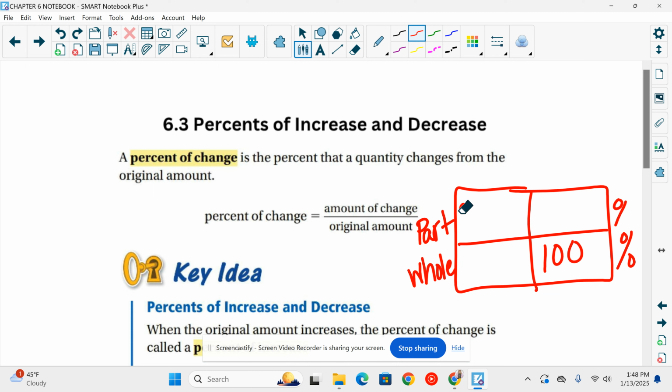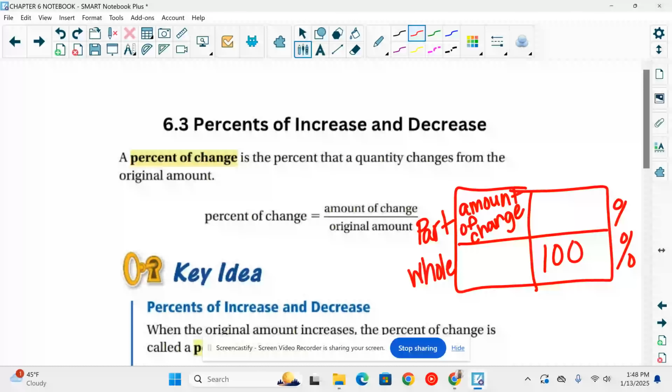This is the amount of change, because it's part of the whole. It's not the whole thing, it's part of the whole thing. And we're comparing the change. Are we comparing the change to where you started or where you're ending?